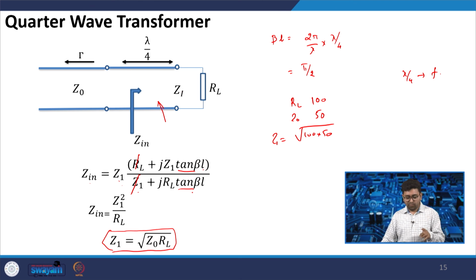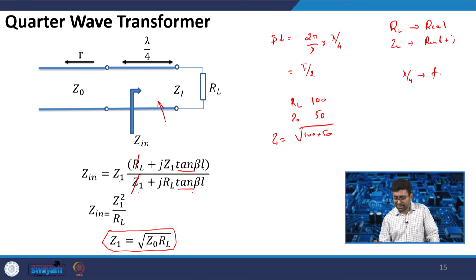There is one limitation of this method of impedance matching, that your output resistance RL should be real. If it is a ZL, which is a combination of real and imaginary, then you cannot use this method, because there is a square root of Z0 into RL coming.